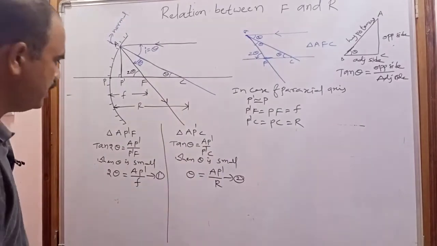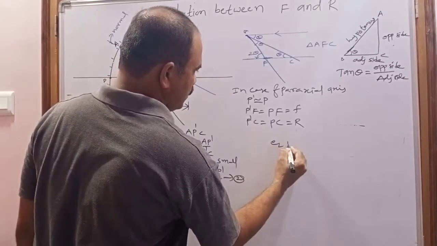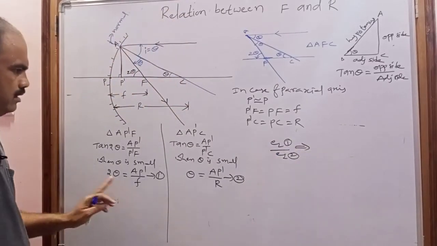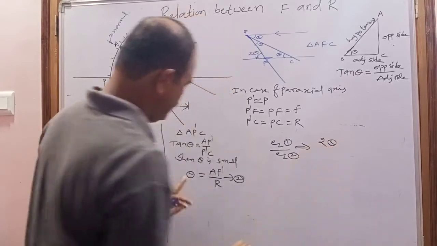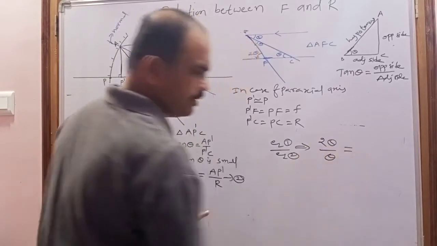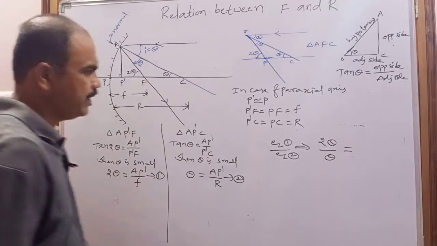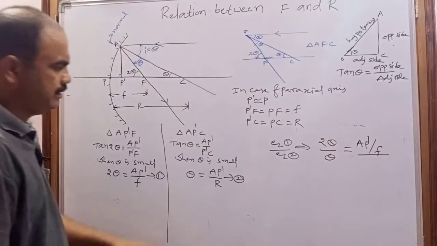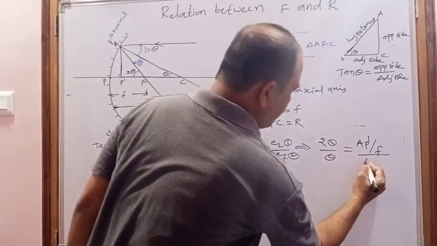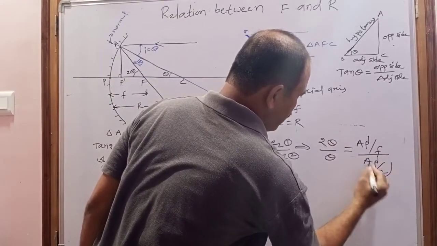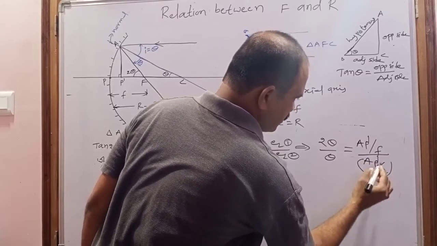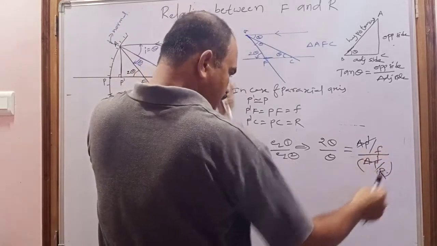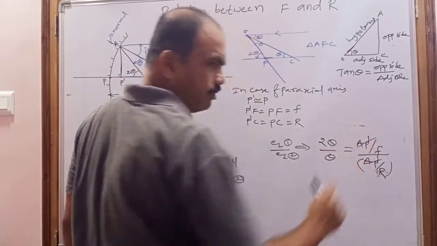From equation 1 and 2, when equation 1 is divided by equation 2, what do we get? 2 theta by theta on the left-hand side. On the right-hand side, AP dash by f divided by AP dash by R. So AP dash will be cancelled, and the denominator goes to the numerator.